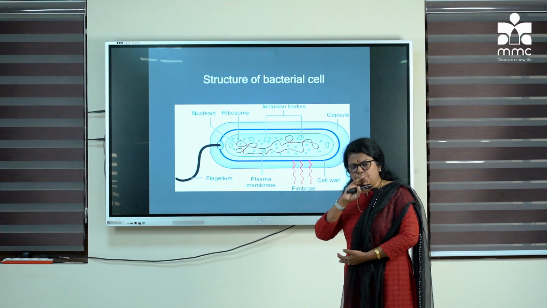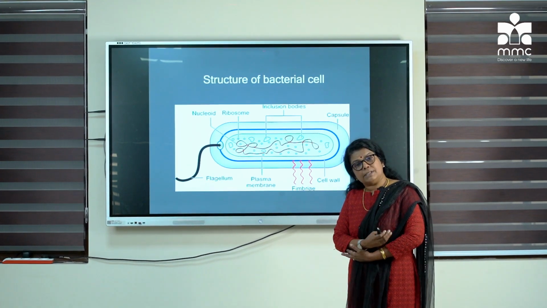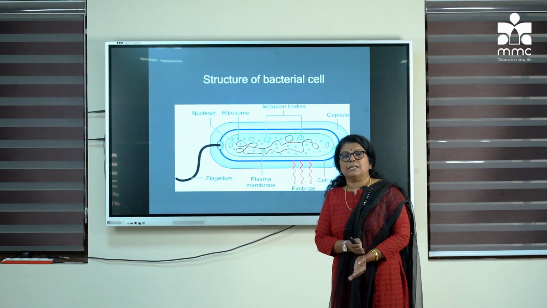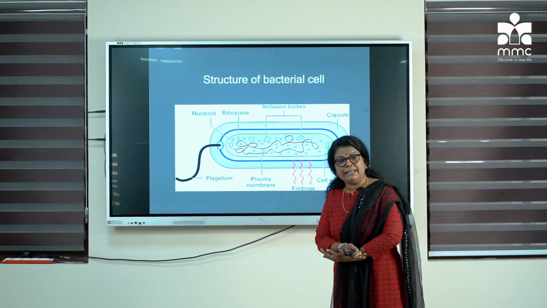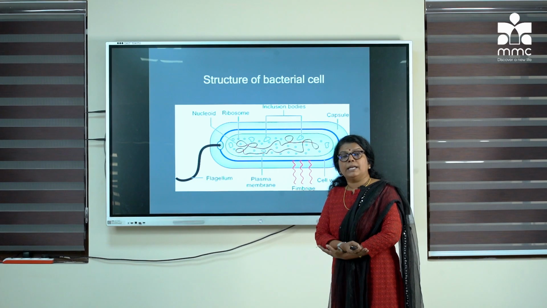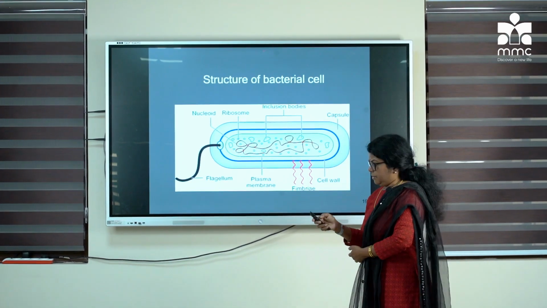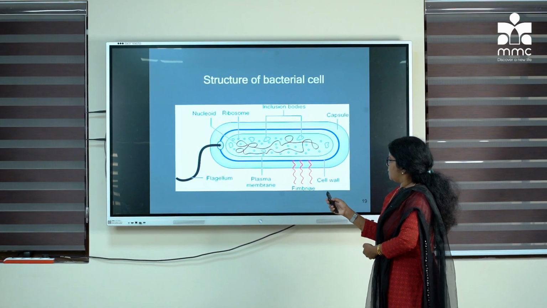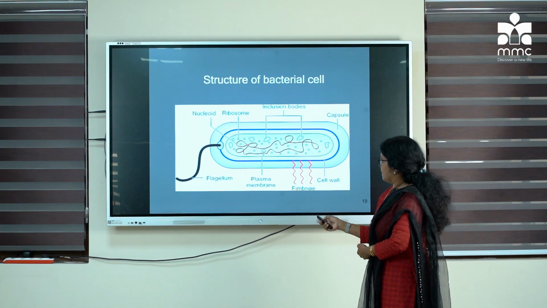Again, the nucleus has no separation from the cytoplasm. Nuclear material lies freely within the cytoplasm. There is no specific nuclear membrane also. So this is the structure of a typical bacterial cell.